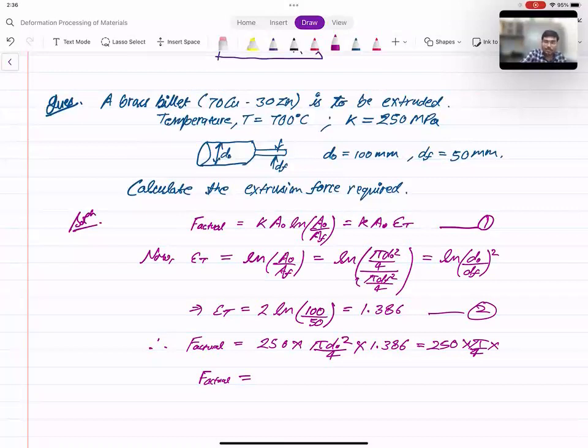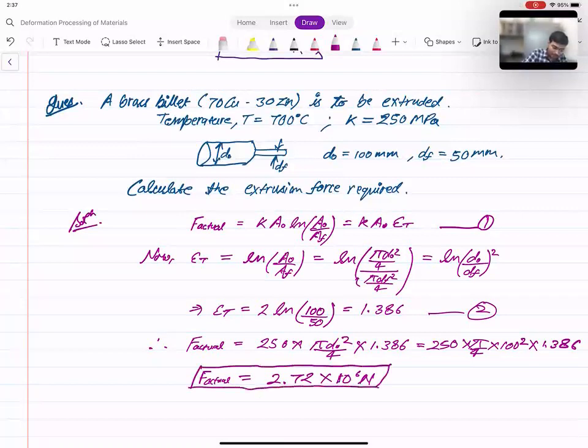So here I'm directly putting 100 square. Okay. And this was 1.386. And upon calculation, this value comes out to be 2.72 into 10 to power 6 Newton. Okay. So this is the value of force we needed to calculate. It can also be written as 2.72 mega Newton.